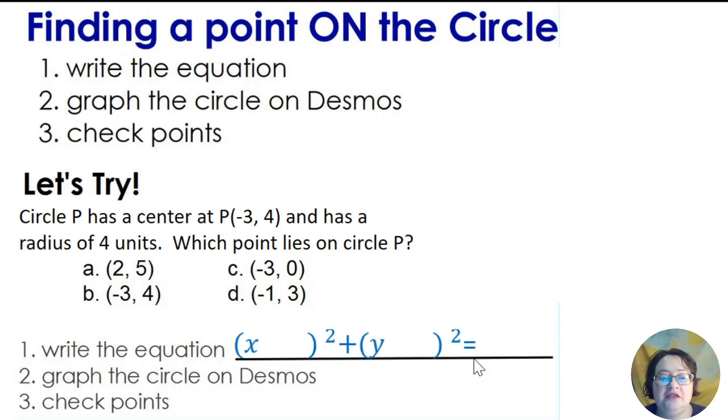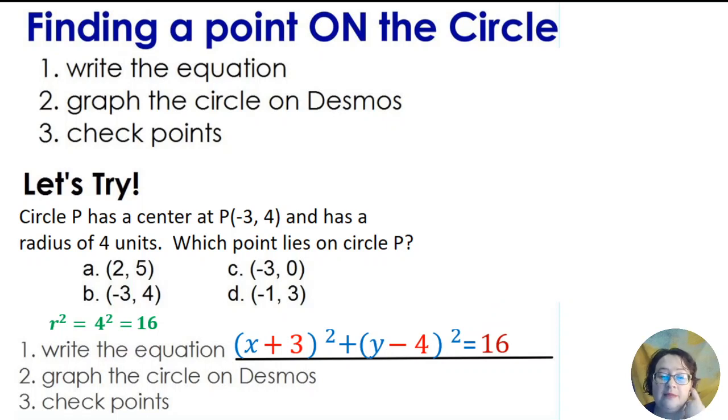Bare bones of the equation first. My x value at the center is a negative 3, so I'm going to make that a plus 3 right here beside x. Y is positive 4, so I make it minus 4 beside y. Radius is 4 units, so I want the radius squared. So 4 squared, or 16, is going to go on the other side of that equal sign.